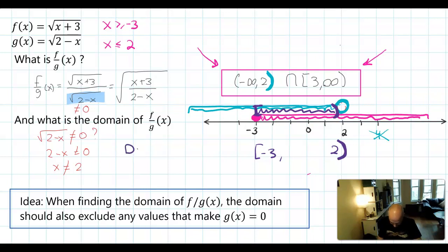So the domain would be negative 3 up to 2, or negative 3 less than or equal to x less than, strictly less than 2. And the key idea here, just with the division, is when finding the domain of f over g specifically, the domain should also exclude any values that make g equal to 0, in addition to being the mathematical intersection of the two domains of f and g.